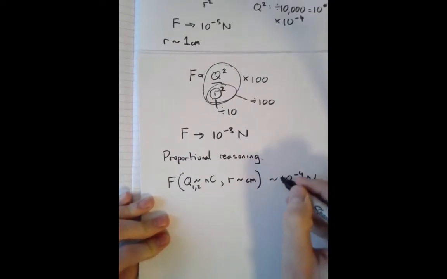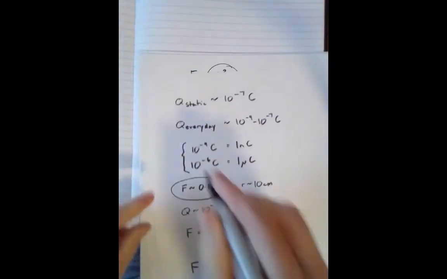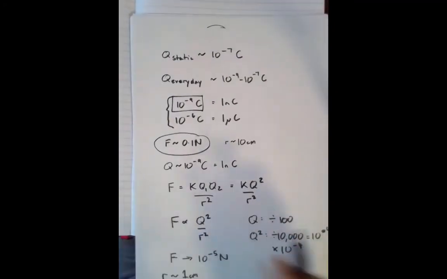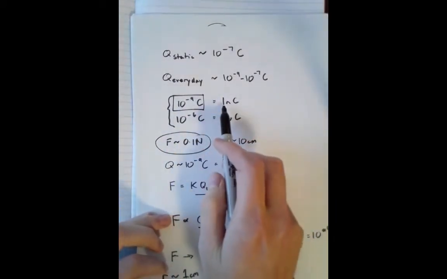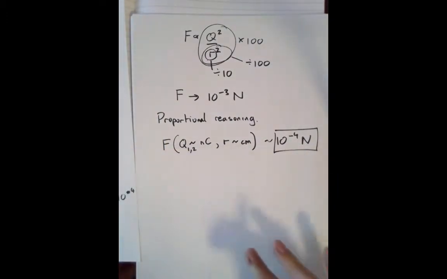Okay, so this is another reference number to go along with your reference charges for everyday objects. It's best to pick one. I would go with a nanocoulomb for a rough estimate of charge and 10 to the minus 4 newtons as a rough estimate of force.